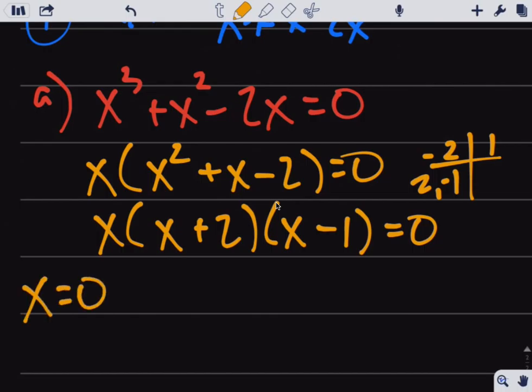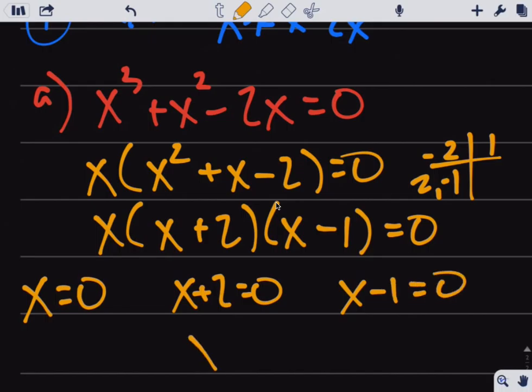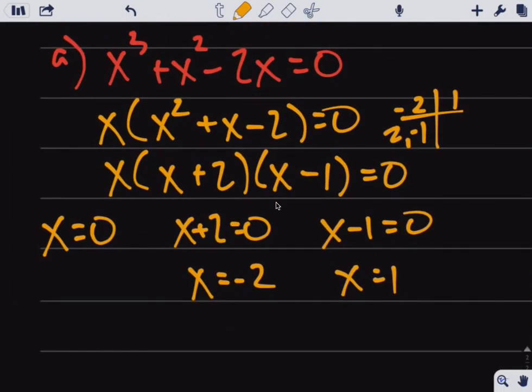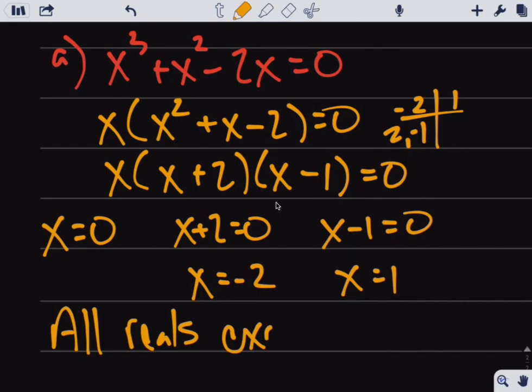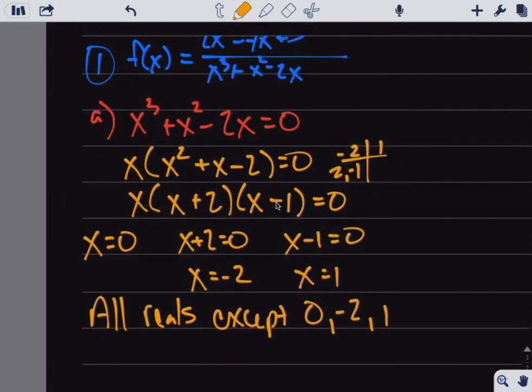Zero product property, covered last semester. x equals 0, x plus 2 is equal to 0, so x is equal to -2, or x minus 1 is equal to 0, so x is equal to 1. So our answer for this is all reals except 0, -2, and 1. That's part A. Okay, set the bottom equal to 0 and solve.